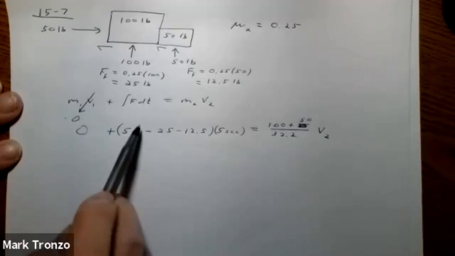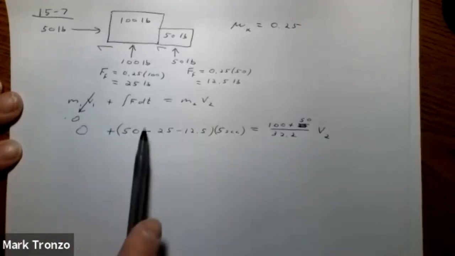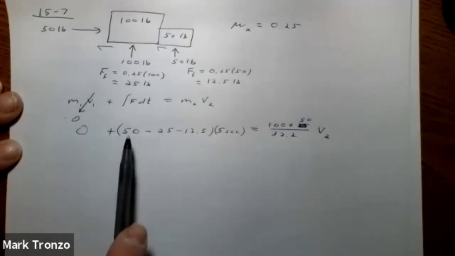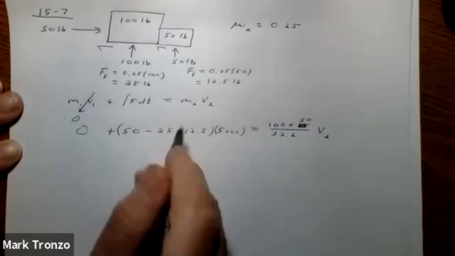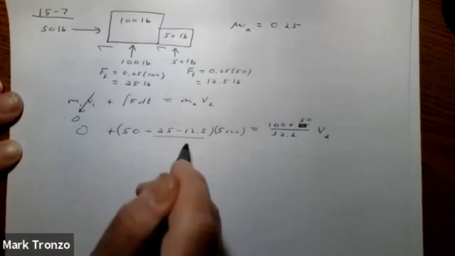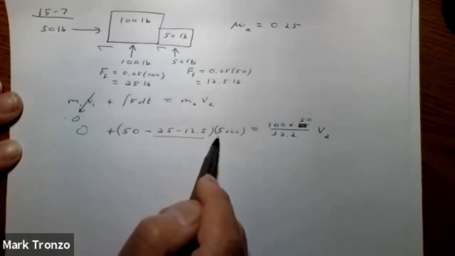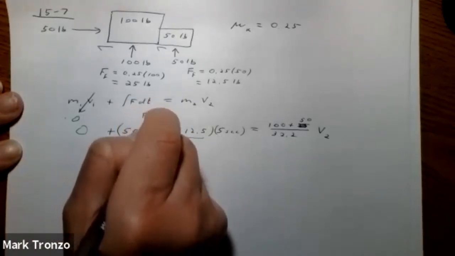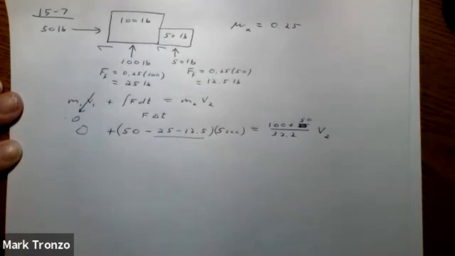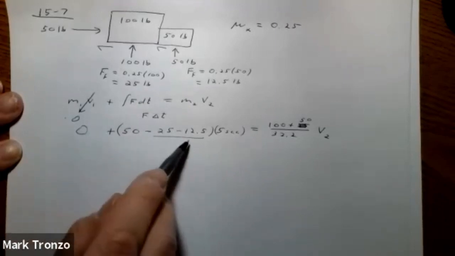So all we did here, again, because the forces are constant, we didn't need to integrate anything. We just added up the forces acting in the positive direction, which is the force applied minus the friction forces, times the total number of seconds, which is 5 seconds. So in other words, we just used F delta T in this case because force was constant.